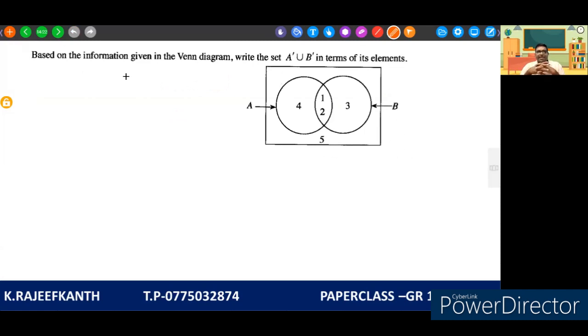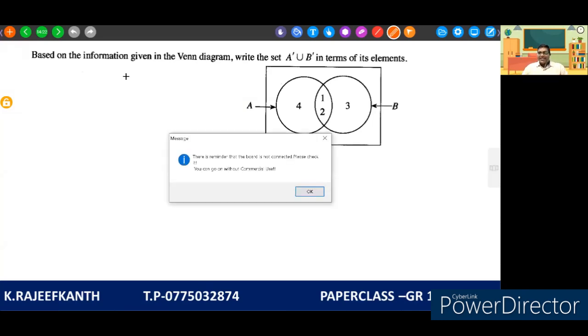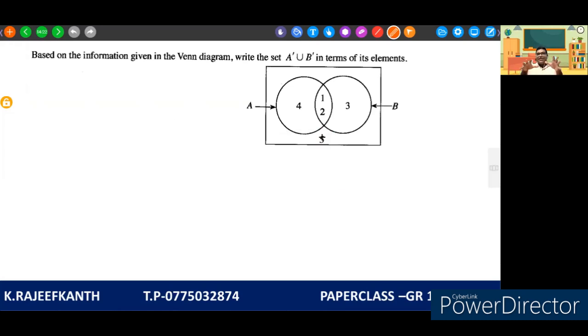Based on the information given in the Venn diagram, write the set A dash union B dash in terms of its elements. You don't need to shade because in the last class we shaded a region, right? But here they are asking you to write the elements of this set A dash union B dash.